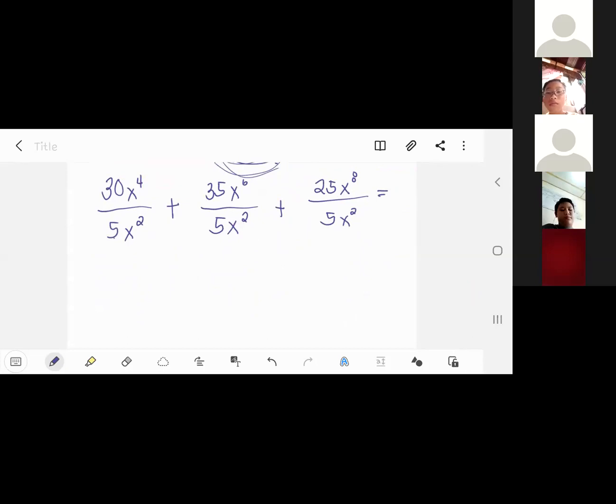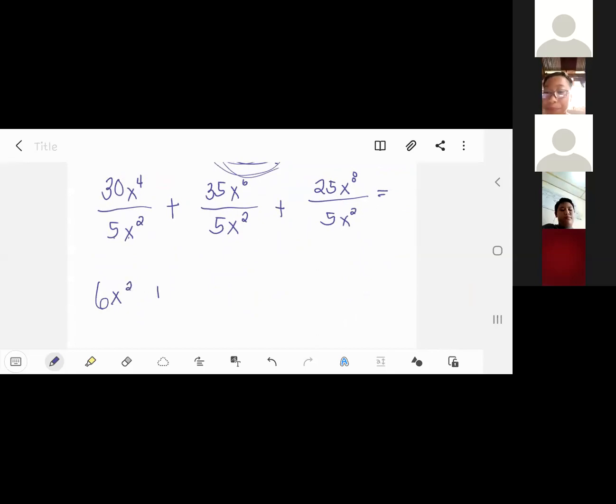30 divided by 5, how much? 6. 6. x to the power of 4 divided by x to the power of 2. Which is bigger, 4 or 2? Numerator, 4. So x, 4 minus 2, we have 2.